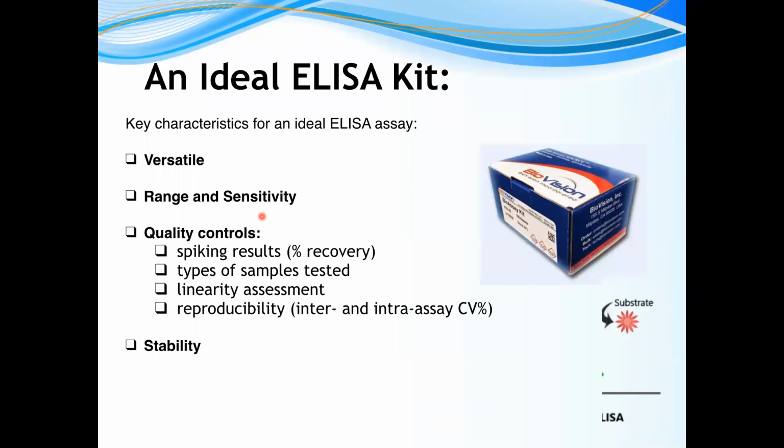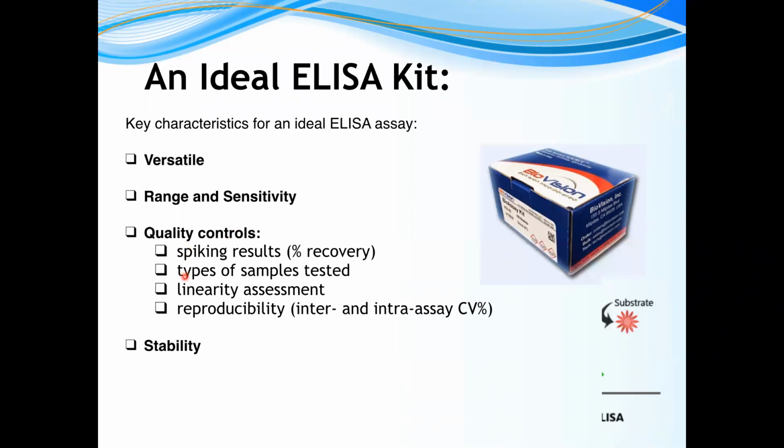Several sensitivity levels may exist for the same targets. High sensitivity range may not necessarily fit everyone's need. So it's very important to determine the range and the sensitivity of the ELISAs, what is the range of the ELISA kit and whether it is compatible with the concentration of our sample.